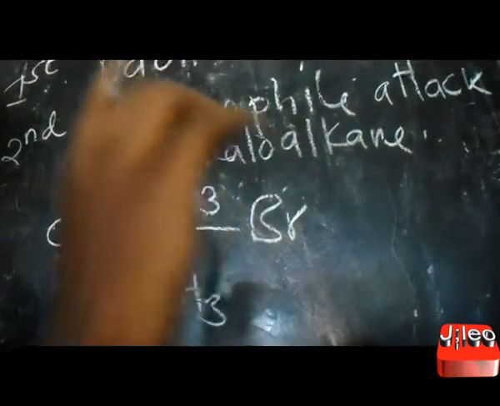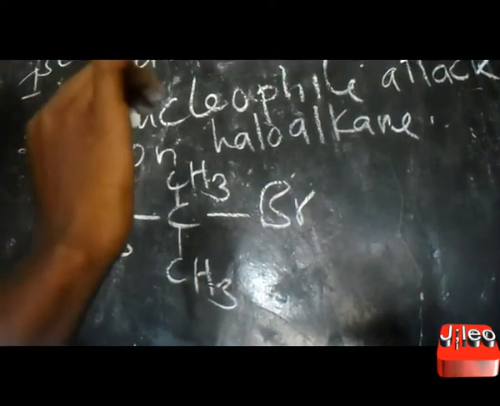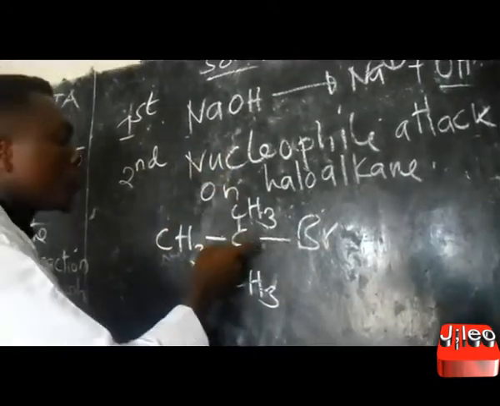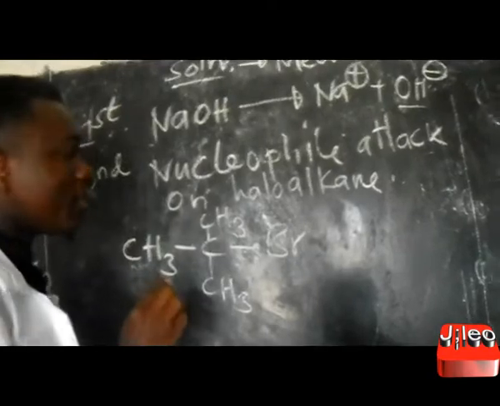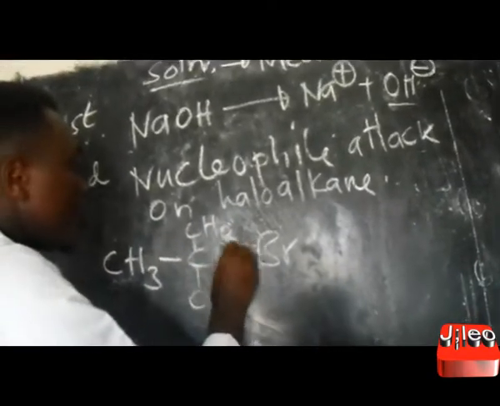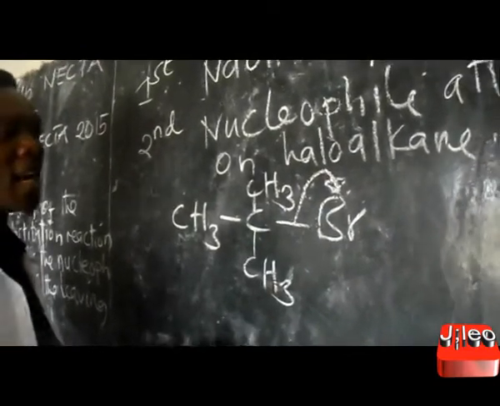When we are doing bond cleavage, we have to break this bond toward the most electronegative element. So here we shall break this bond toward this direction, and after breaking it we have a carbocation and this nucleophile.